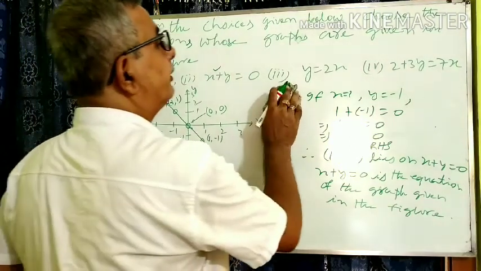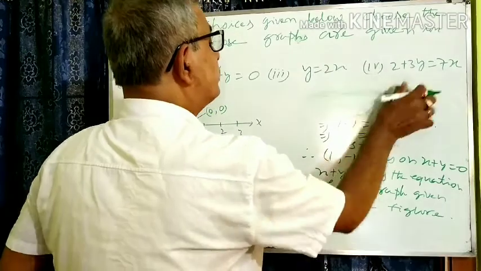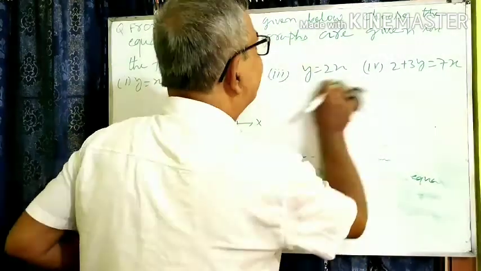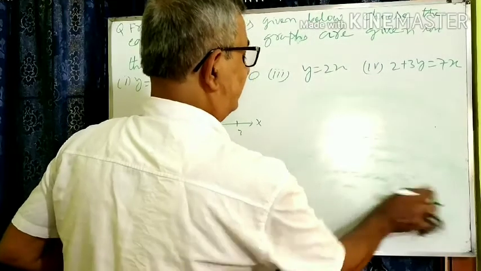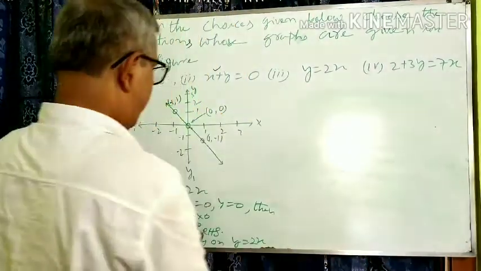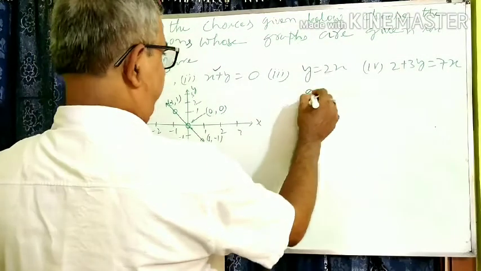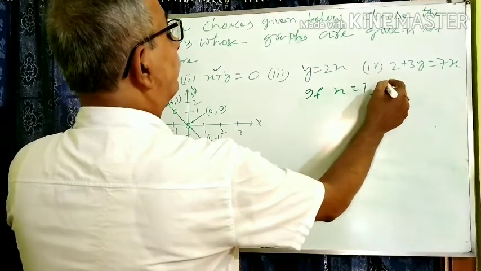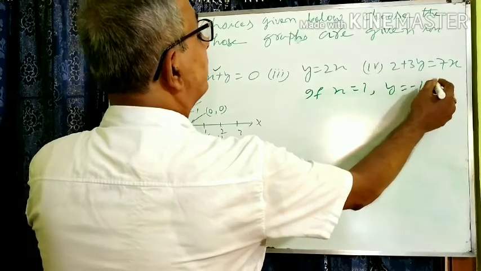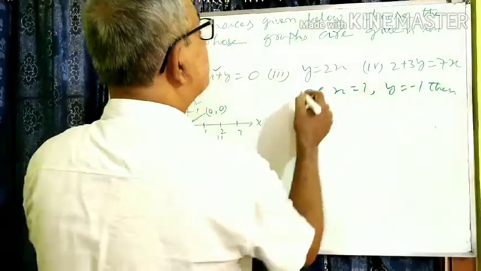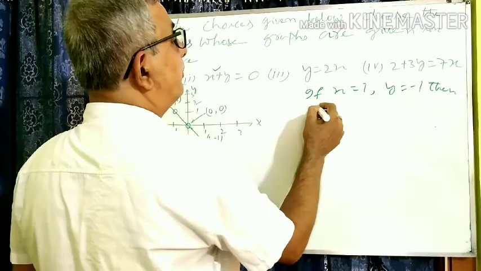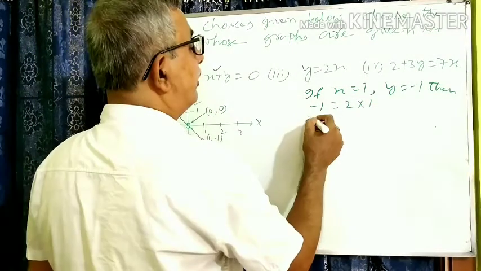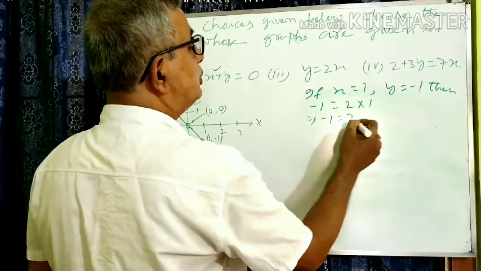This one fits. Here you see, if x is equal to same thing 1, y is equal to -1, then what happens in this case? Instead of y, -1, 2 into 1, you are getting -1, 2.